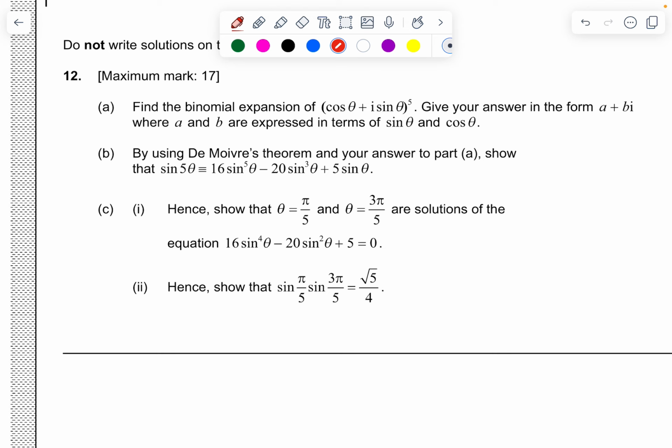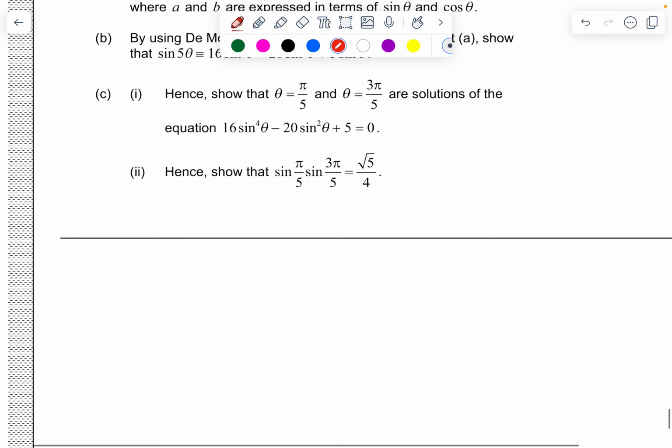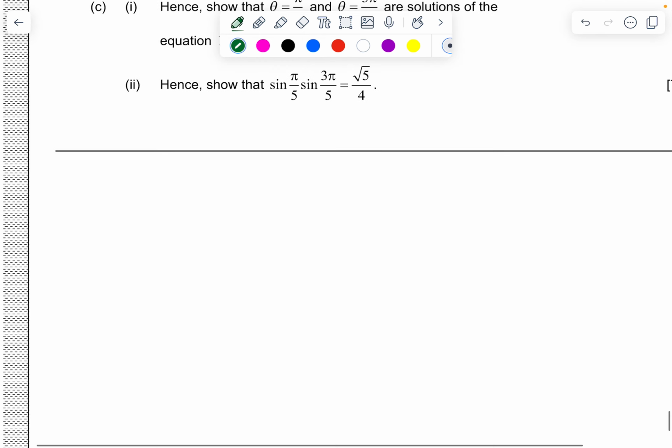So what does the question say? The question says find the binomial expansion of (cos theta plus i sin theta) whole to the power of 5.